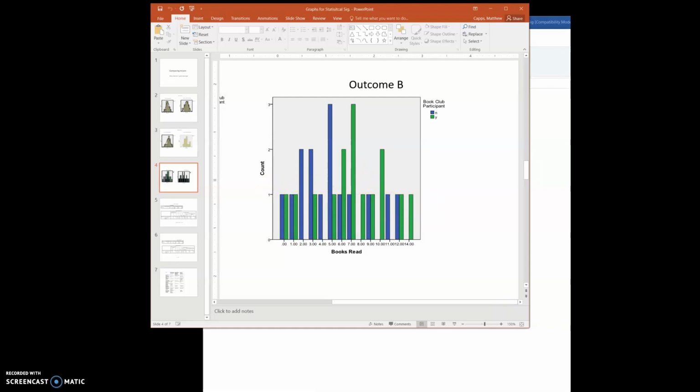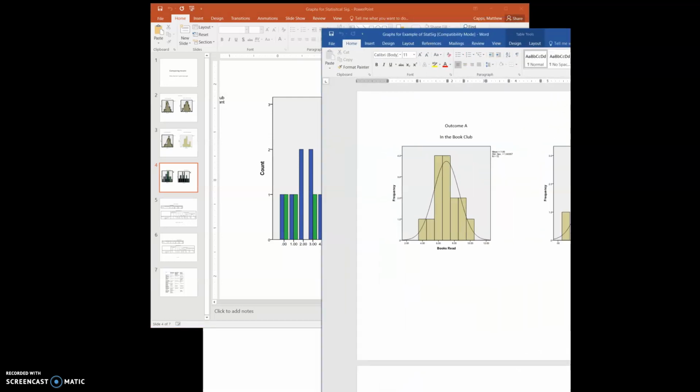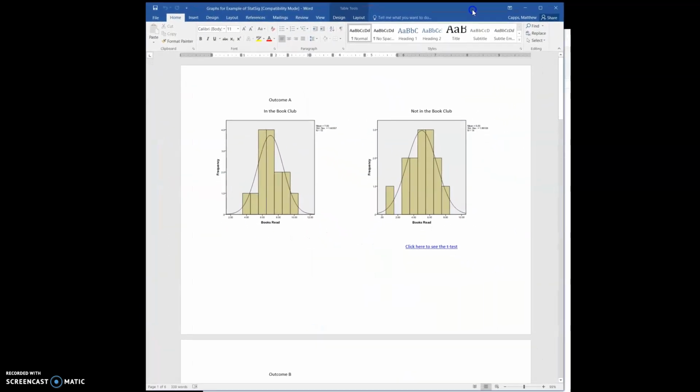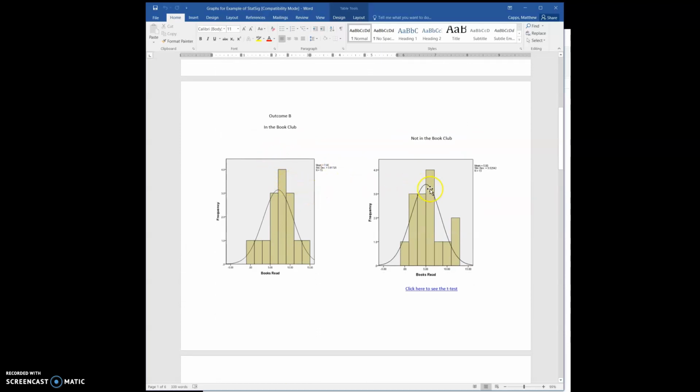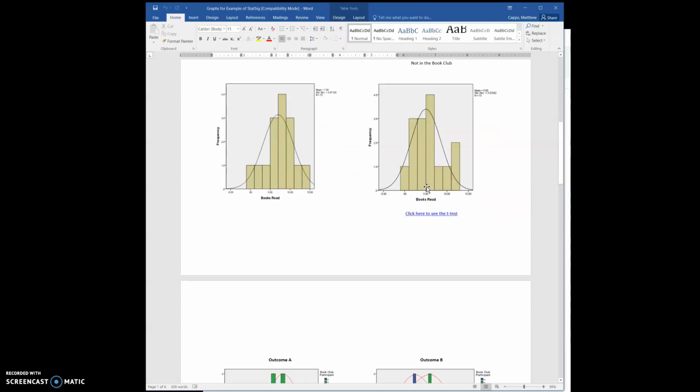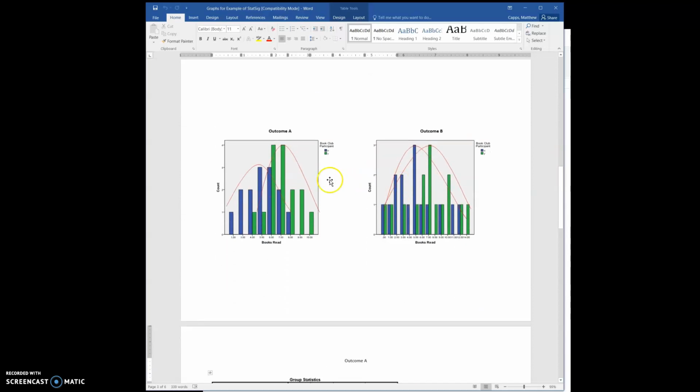So I'm going to show you another example of this that I came up with. So again, this is in the book club, not in the book club in situation A. In the book club, not in the book club, situation B. So on here, the normal distribution lines are included as part of the standard deviation.